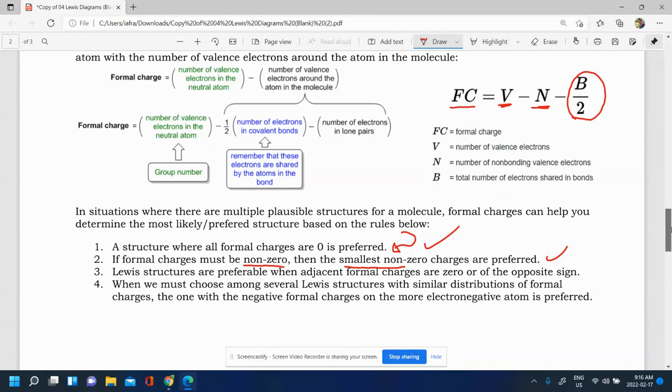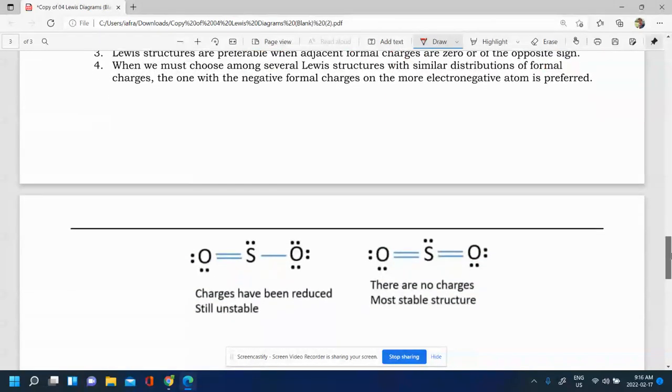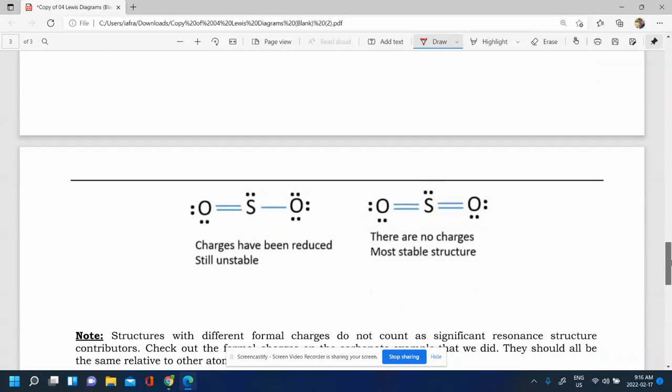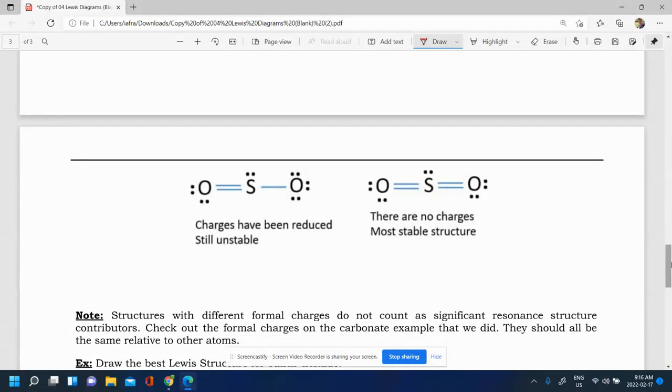But we're going to do a few examples, and once we do, it'll be a little bit less complex. So here we have the SO2 molecule. When you draw the SO2 molecule, you'll get two different possible structures that could work: structure number 1 and structure number 2.